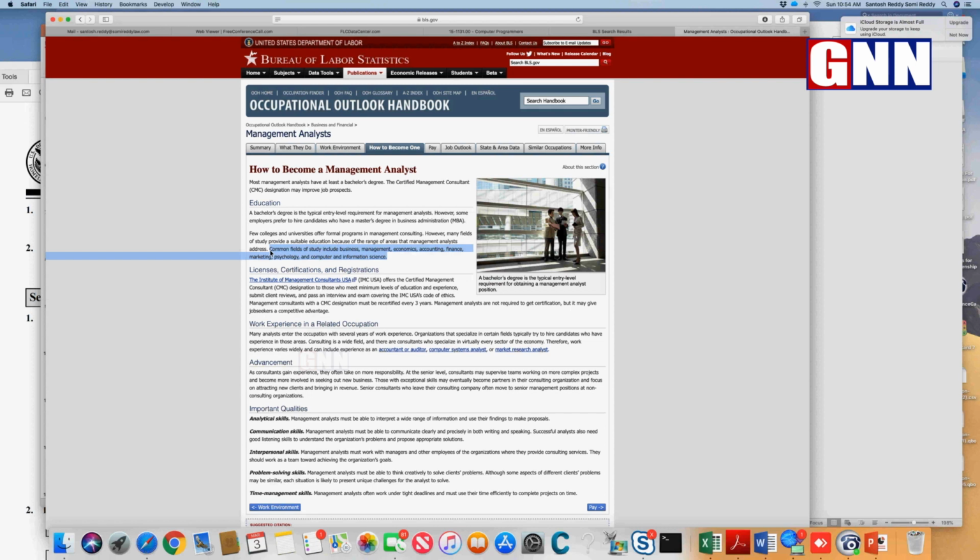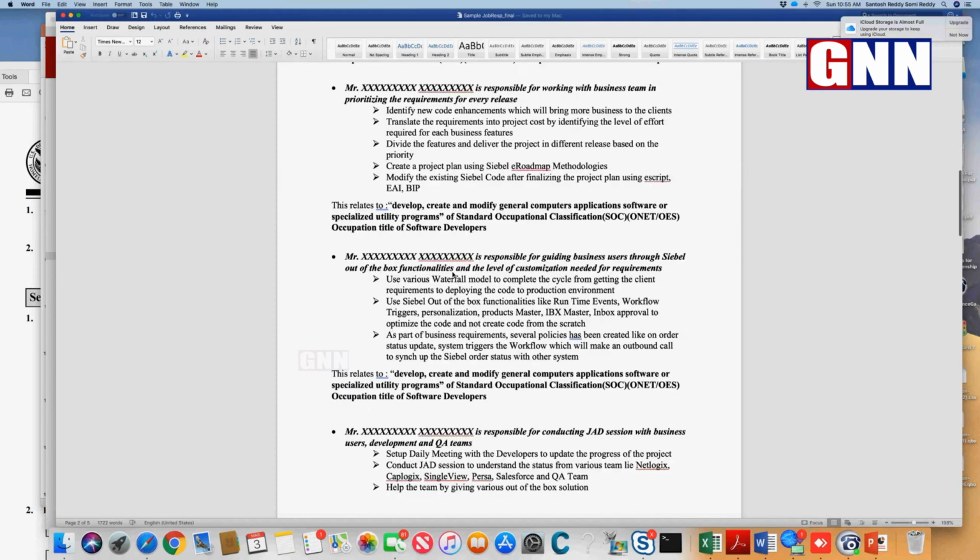We have to show that the position requires a minimum of a bachelor's degree in computer science or related field. So in your case, if you are able to provide detailed job duties like this, clearly mention how those job duties are related to the SOC code tasks, and also narrow down the position requirement, then it will go through.